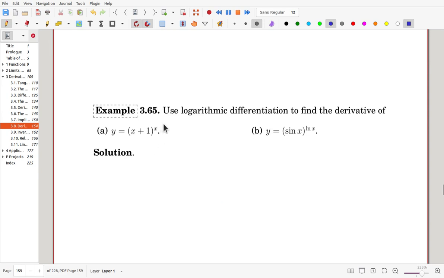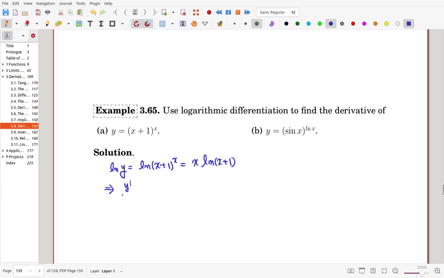Use logarithmic differentiation to find the derivative of the function. Quite simple here. Again, we apply the natural logarithm, then there is the natural logarithm of (x plus 1)^x. Now the power rule makes this x times the natural logarithm of x plus 1. Now we differentiate with respect to x.